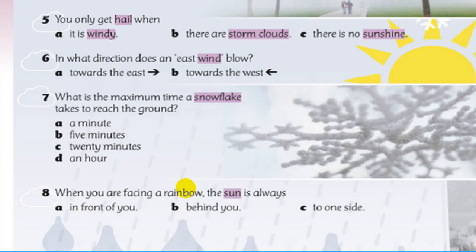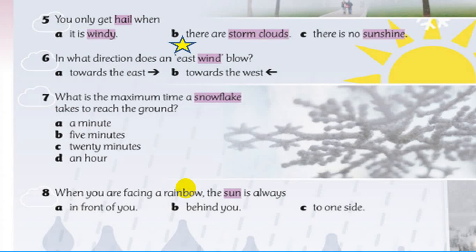C. There is no sunshine. So when do we get hail? Let's see. Yes, we get hail when there are storm clouds.